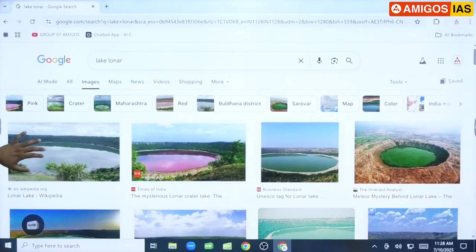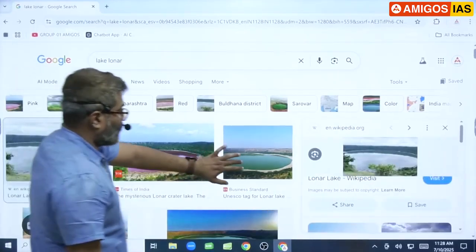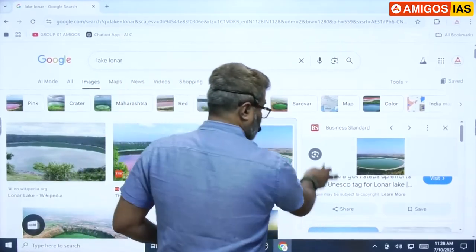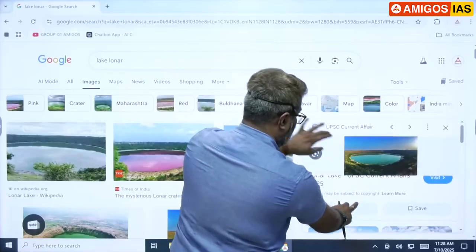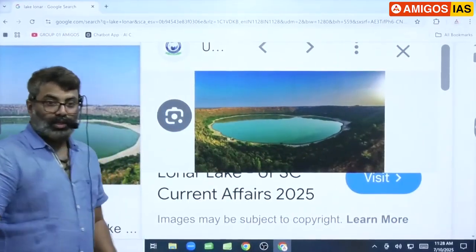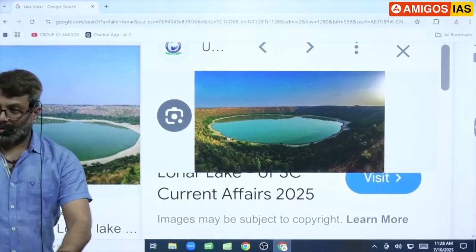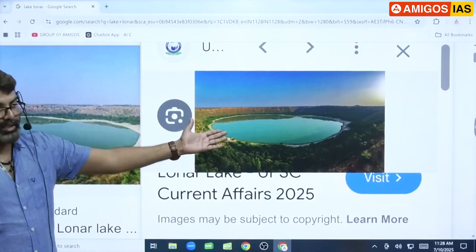This is Lake Lonar, Maharashtra. See how it looks, a huge crater lake. A depression forms, after that rain water will collect, forming this kind of lake.